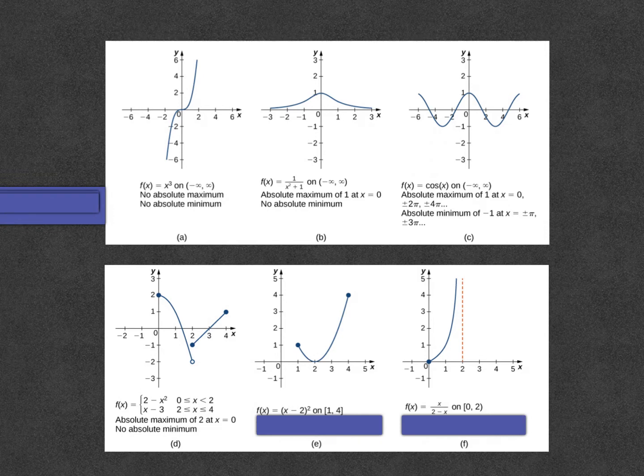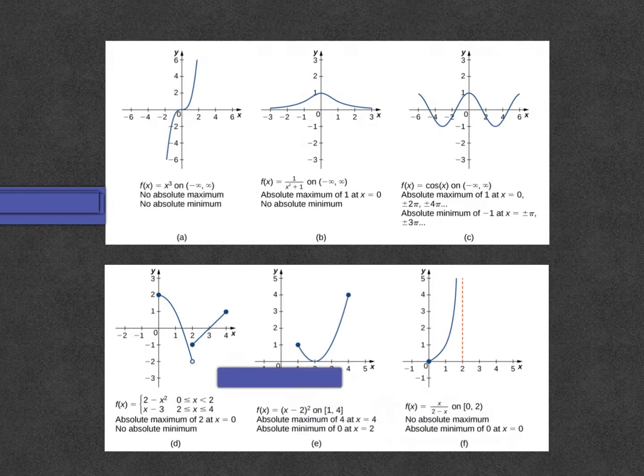All right. The next one, absolute maximum is up here when x is 4, y is 4, and the minimum is right here when x is 2, y is 0. And our last one, we definitely have an absolute minimum, but that graph keeps extending up indefinitely, so there is no absolute maximum. Okay, so identifying them from graphs, not terrible.